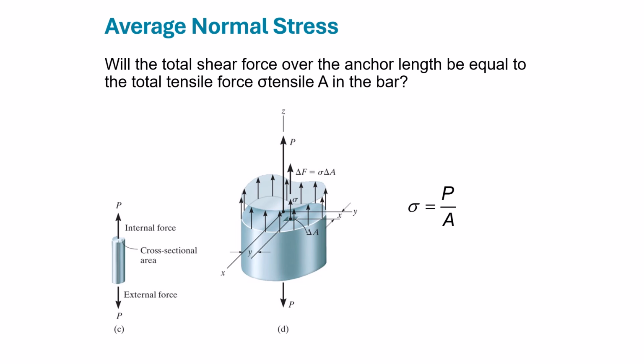So average normal stress. There is a question: will the total shear force over the anchor length be equal to the total tensile force, sigma tensile times A, in the bar?